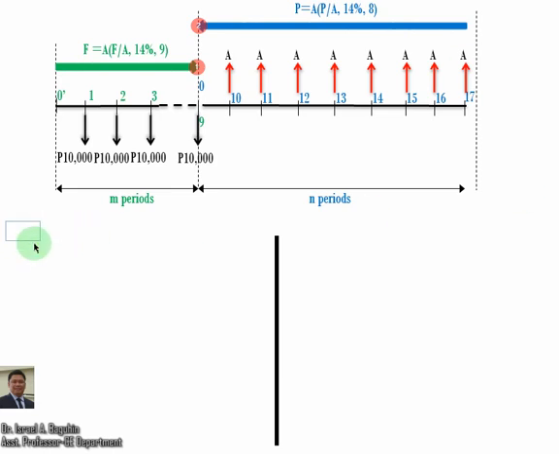So here, considering the M periods, we are after the accumulated amount F. So this is actually case number 2, which is our FAFA.